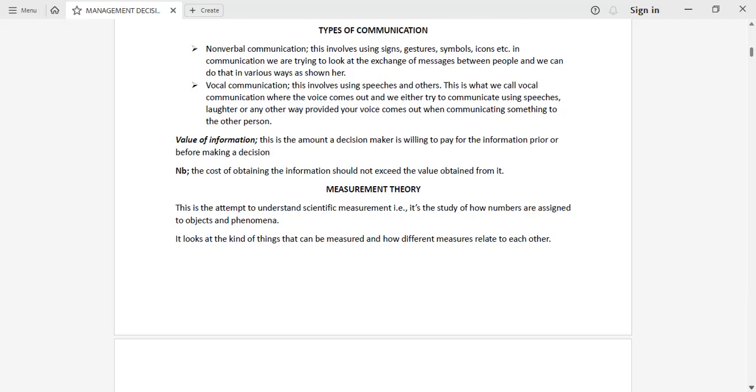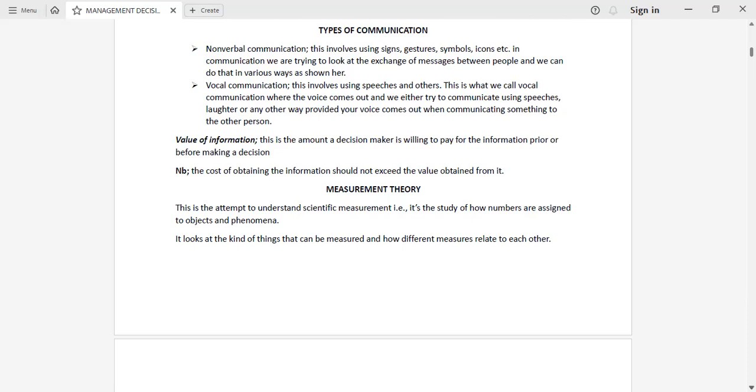Communication, we said, is broken down into non-verbal and vocal or verbal communication. Non-verbal communication involves using signatures, signs, gestures, signals, symbols, icons, and others.